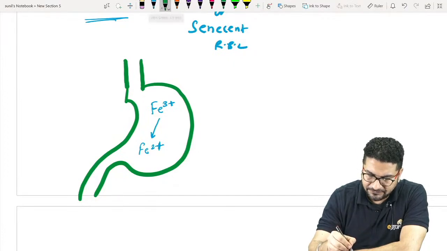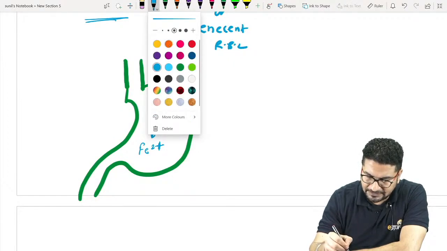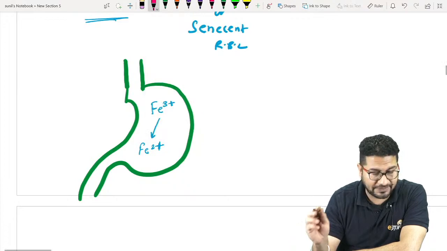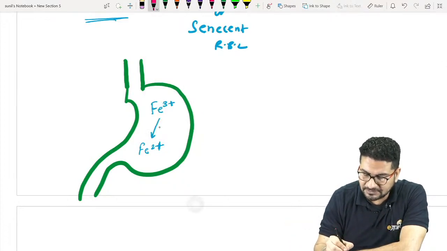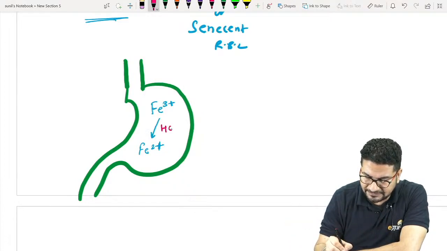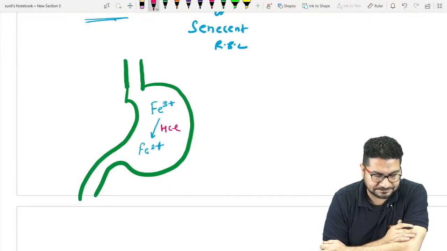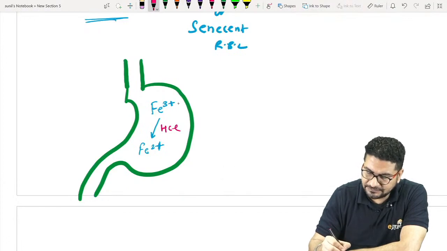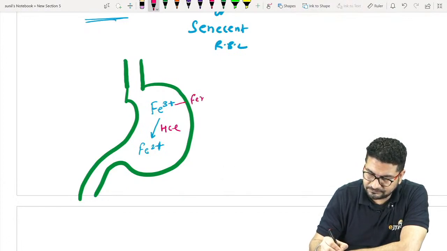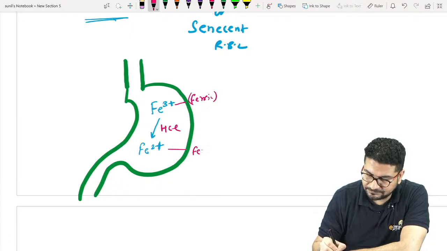This conversion between ferric and ferrous form needs an acid, your hydrochloric acid, HCl. So this is your ferric form and this will be your ferrous form.